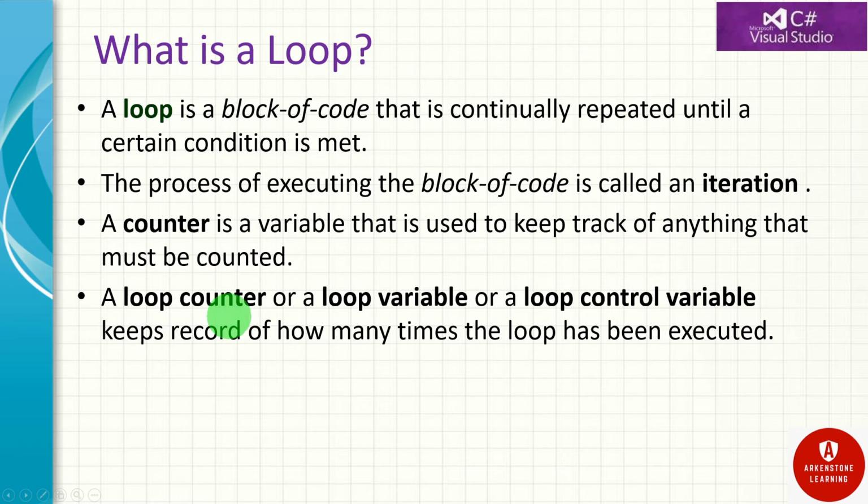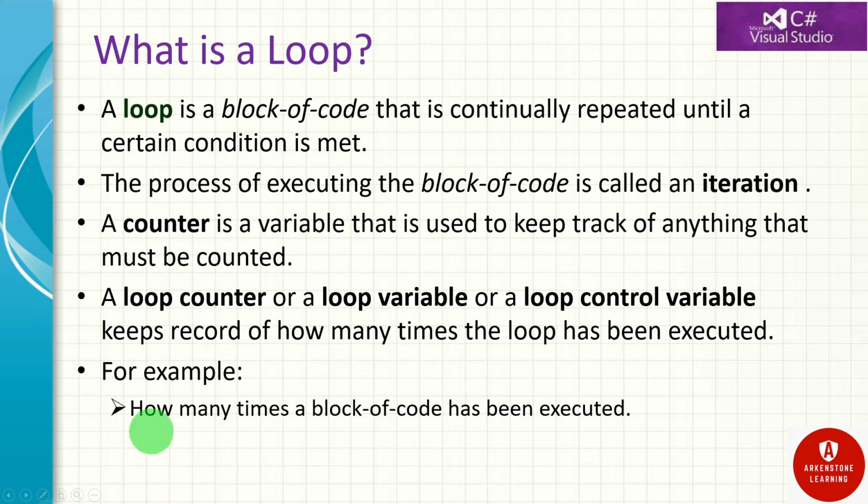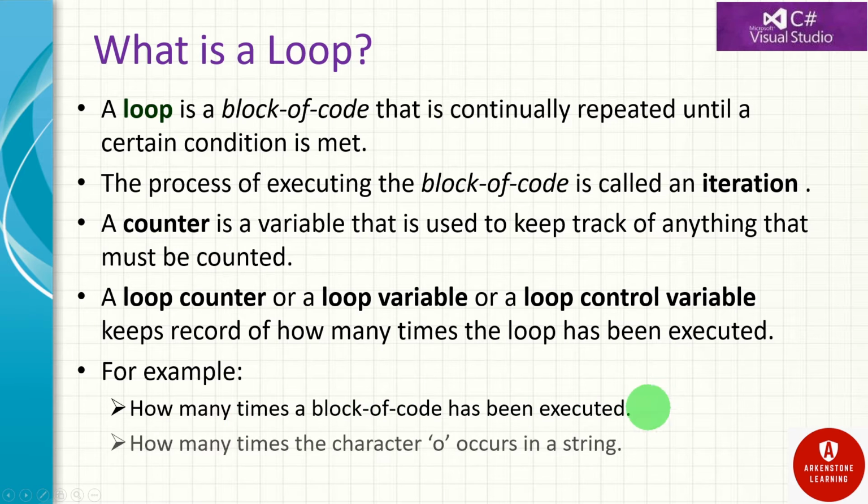A loop counter, or a loop variable, or a loop control variable keeps record of how many times the loop has been executed. For example, how many times a block of code has been executed, or how many times the character say O occurs in a string.